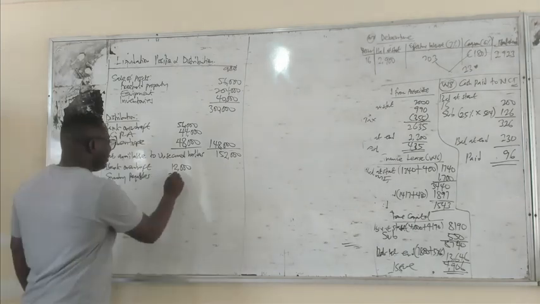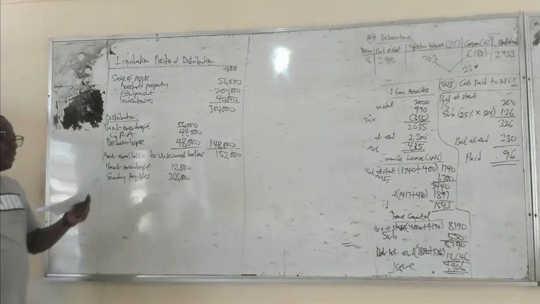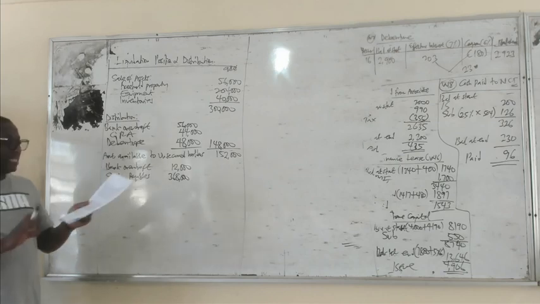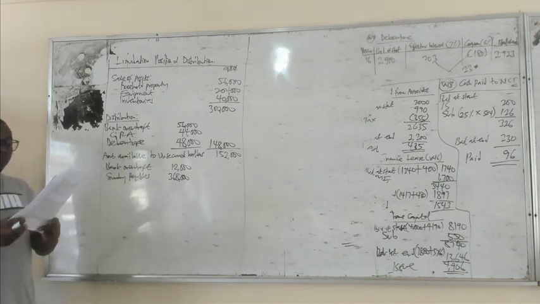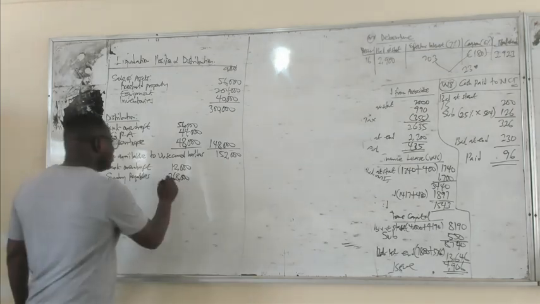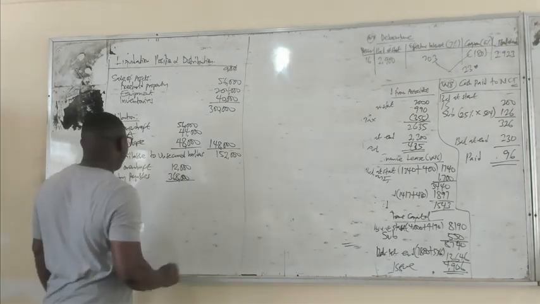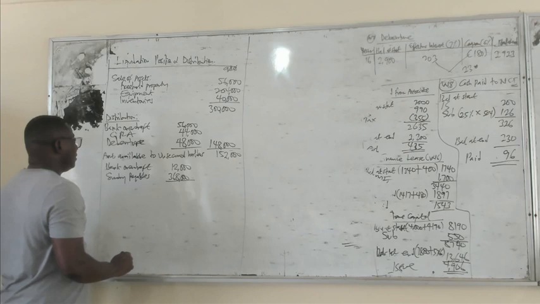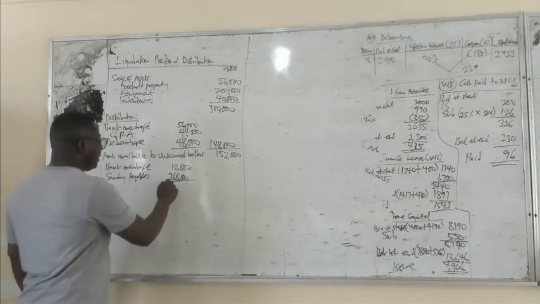Okay. So if you look at the bank overdraft, yes, the difference is there. The other liability is the debenture, which we have paid everything. Okay. So let's add these two figures together. 380,000.